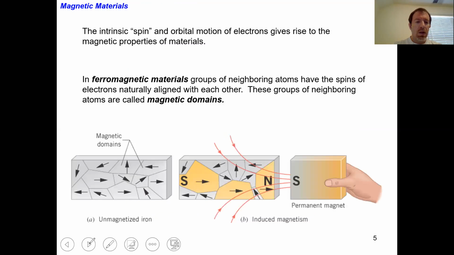Okay, the last thing we have here is we introduced the idea of a current carrying wire generating a magnetic field. Well, that's great, but that doesn't really explain what's going on inside of a physical magnet. The reason a physical magnet actually has a magnetic field is because of the spin of the individual atoms in that magnet.